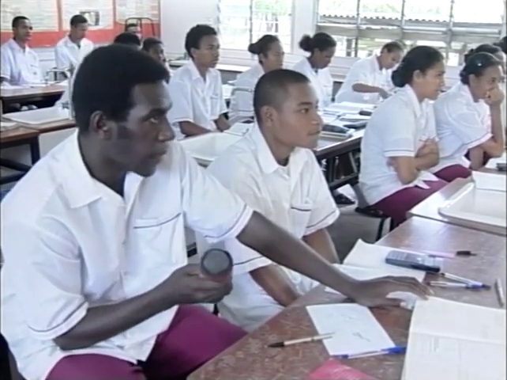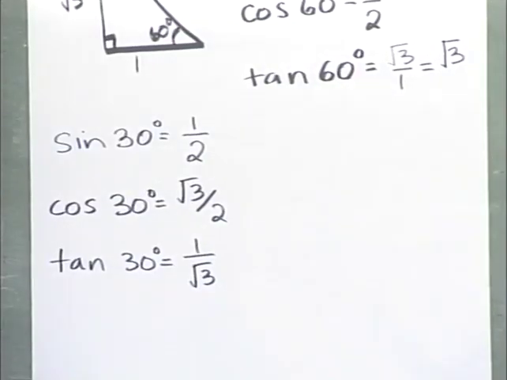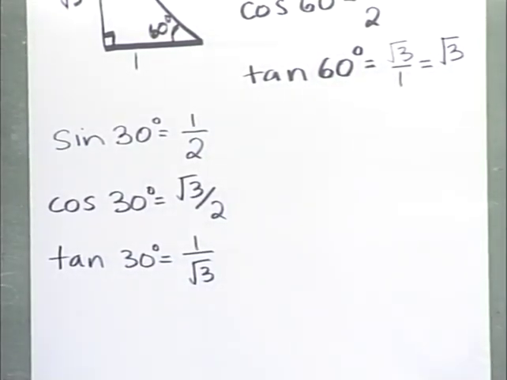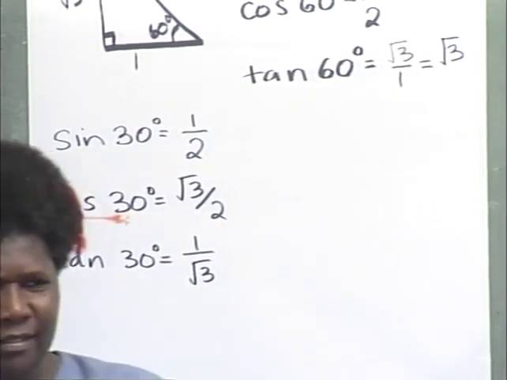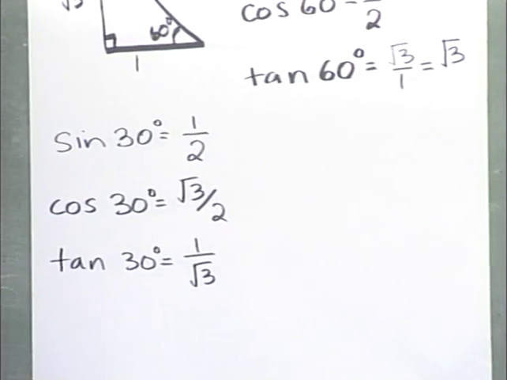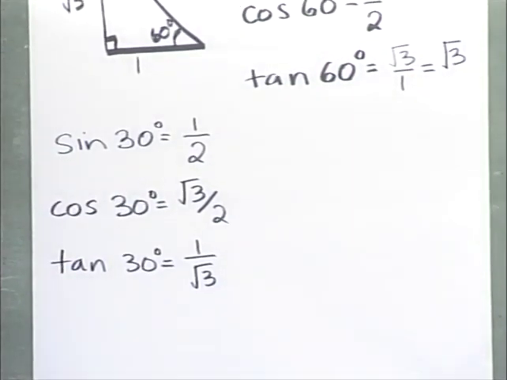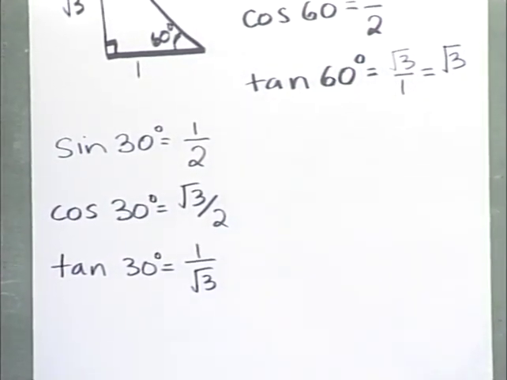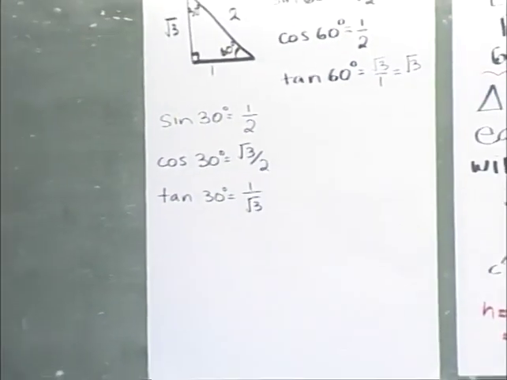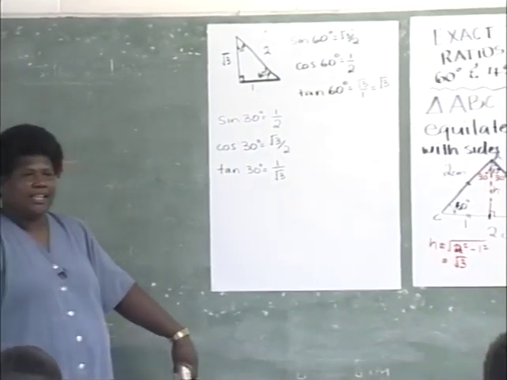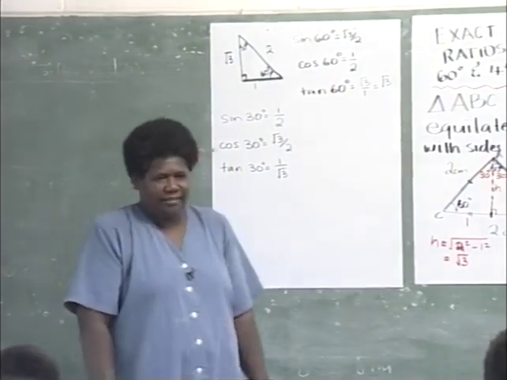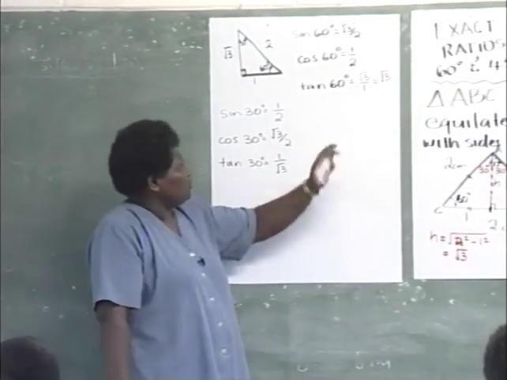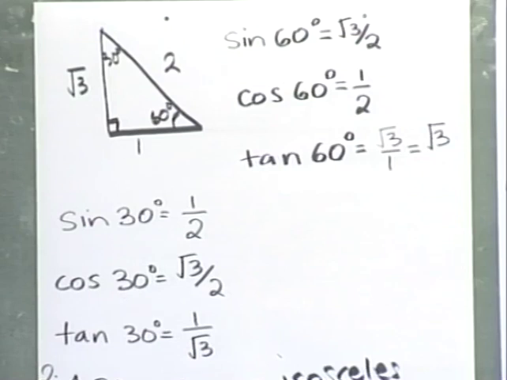And what about tan? The tan will be vice versa. What's vice versa? Left and right? Up and down? Come on, give me a mathematical term. Inversely proportional? Not really. The reciprocal of. Reciprocal, that's better. Tan of 60 is the reciprocal of tan of 30, or tan of 30 is the reciprocal of tan of 60.